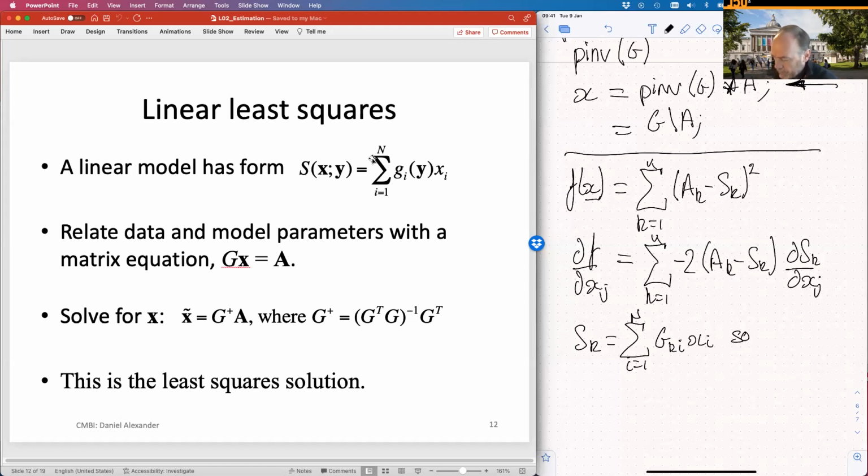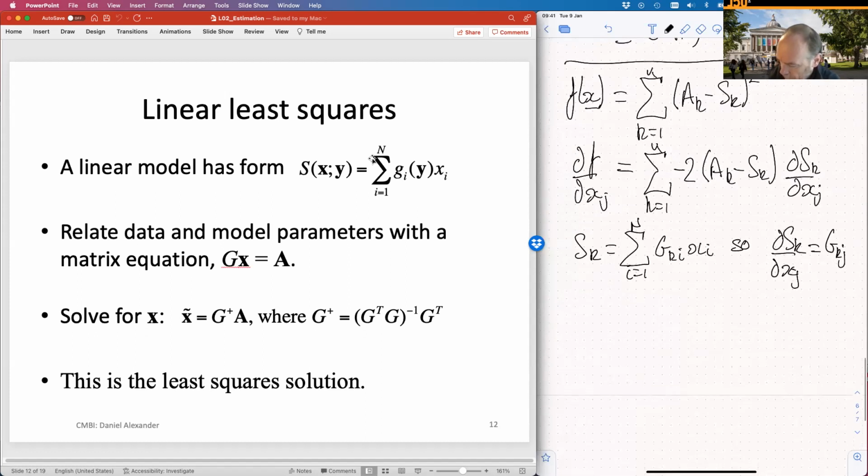And if we want to compute this derivative ds_k by dx_j, that is just going to be G_kj, of course, because the only term that depends on x_j is the x_j term in that sum. So only its coefficient survives the differentiation.